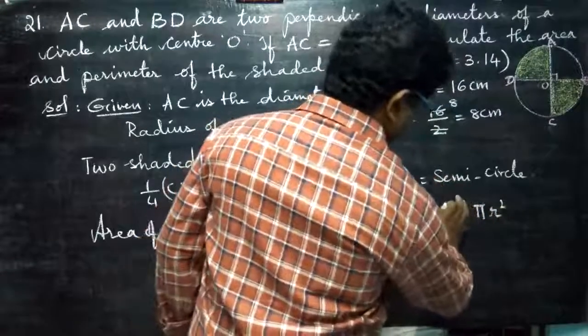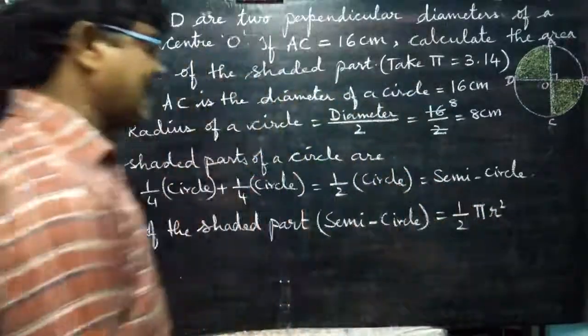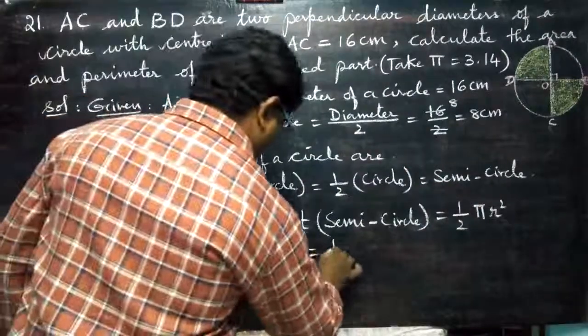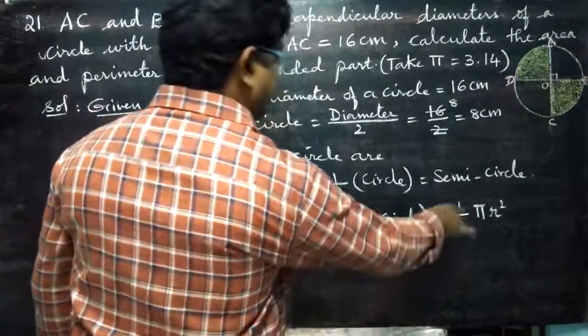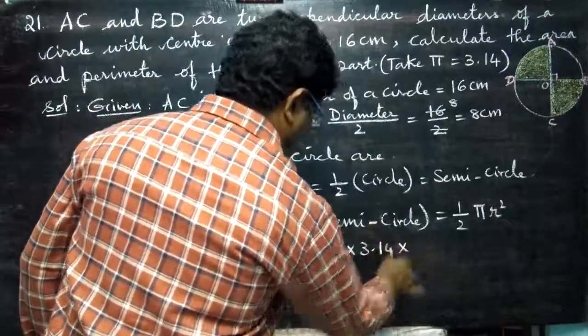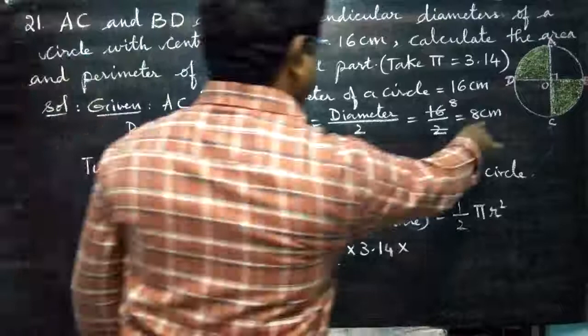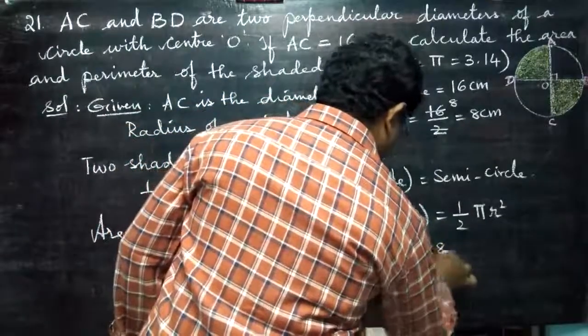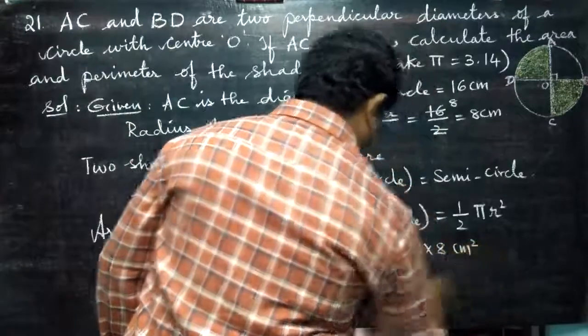Area of a circle is pi r square. Semicircle means half circle. Half pi r square. That is equal to 1 by 2 into 3.14, as they are asking to take pi as 3.14, into r. How much we got? 8. 8 into 8 centimeter square.